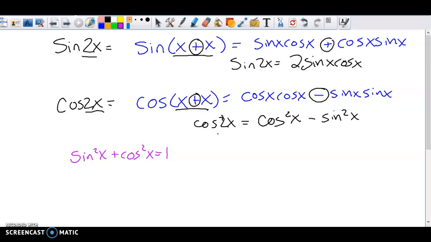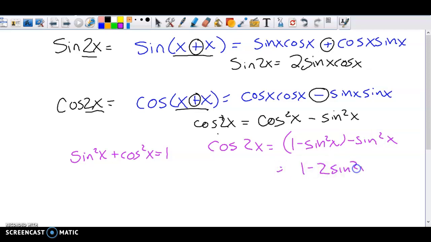Let's see, if I want to solve for cosine 2x, let's say I turn everything into terms of sine. So I'm going to turn this cosine squared into 1 minus sine squared. Then you can combine like terms, so 1 minus 2 sine squared equals cosine 2x.